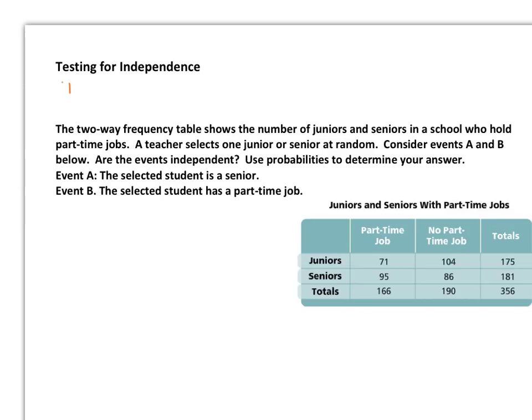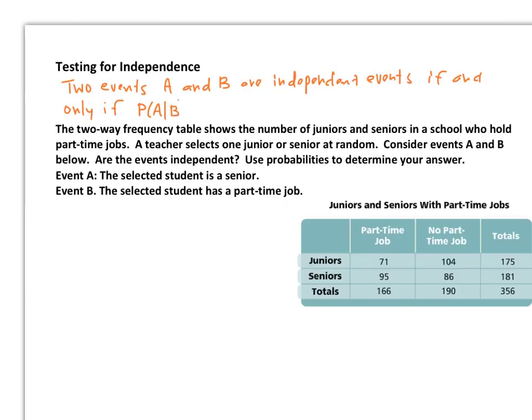And we say that two events, A and B, are independent events if and only if the probability of A given B equals the probability of A, and the probability of B given A equals the probability of B. So both of these have to be true.